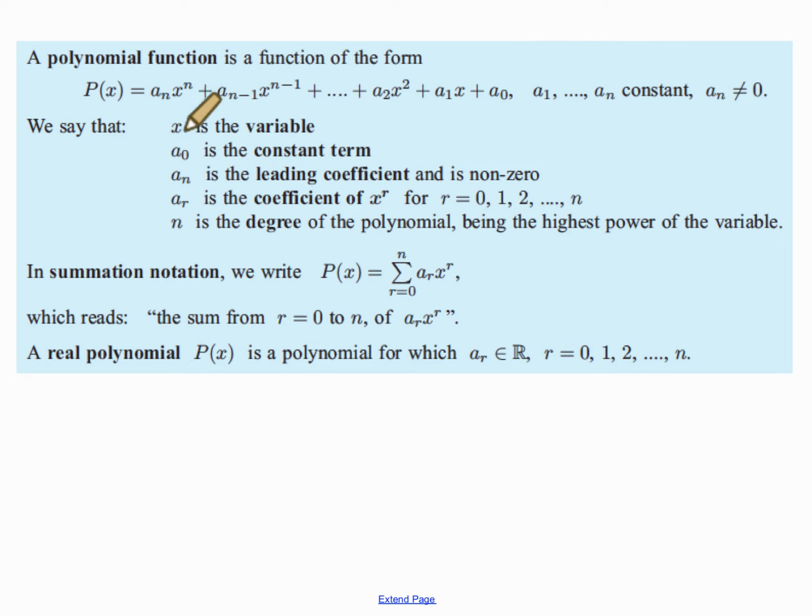x is the variable, a sub 0 is the constant term, a sub n is the leading coefficient. That is a big one, that we understand that term.